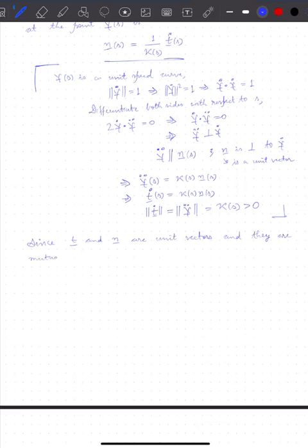Sometimes orthogonal is synonymous with perpendicular, but there is some subtle difference which we'll discuss later. They are mutually orthogonal to each other.